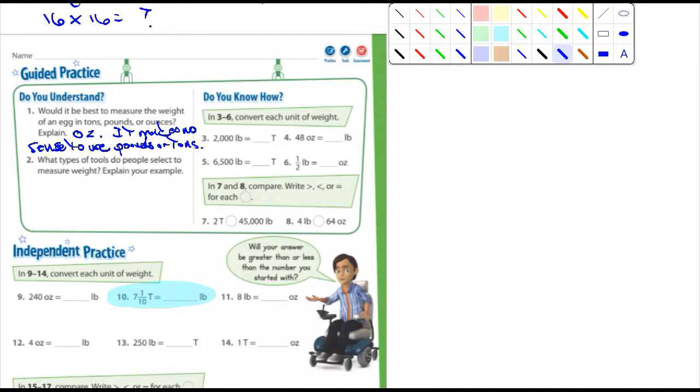Number 2, what type of tools do people select to measure weight? You don't need to explain your example. I'm not worried about that. So what kind of tools? Scale. What else? The little thing that when you put one thing in and another. Yeah, it's a balance beam or a balance scale.